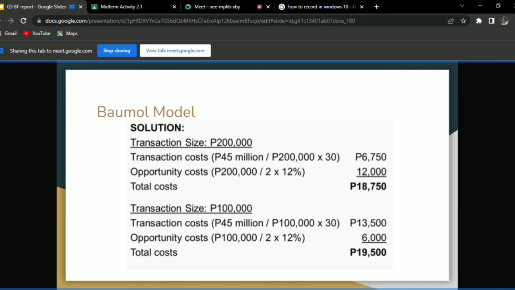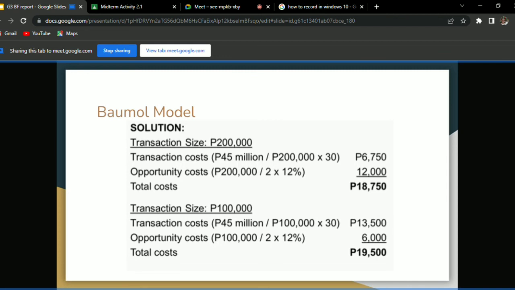So atong gitrayan sa kaning sample number 2 which is the 100,000. So wrong kaayo, kay kung imong transaction cost is 45 million divided by 100,000 times 30, mao na kay 13,500.